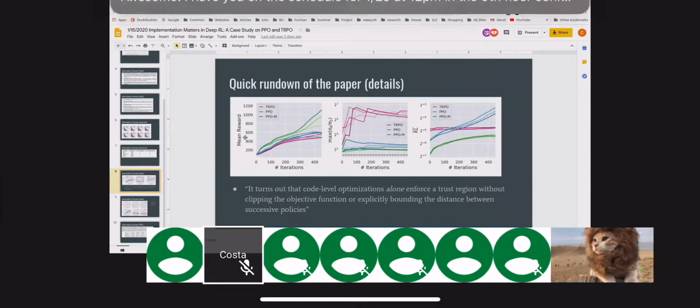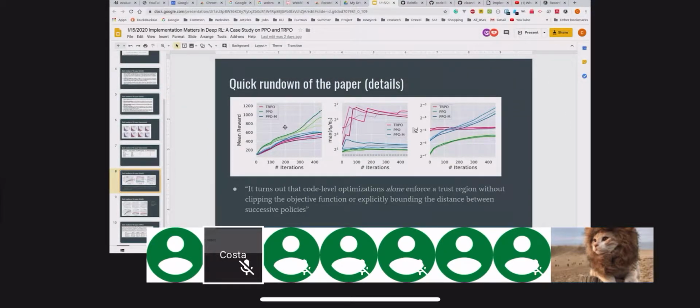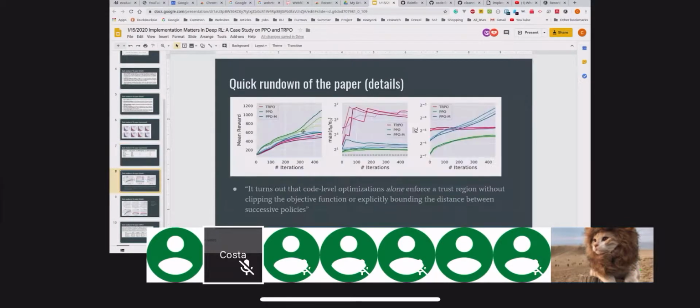The first one is the mean reward, and it turns out the best performing one is PPO, just the regular one with the optimizations, and the PPO-M, which, remember, is the one without the code-level optimizations, just performs the same as the regular TRPO. In other words, without the code-level optimizations, the PPO and TRPO performances are fairly similar. So probably not a lot of improvement from just the clipped objective.